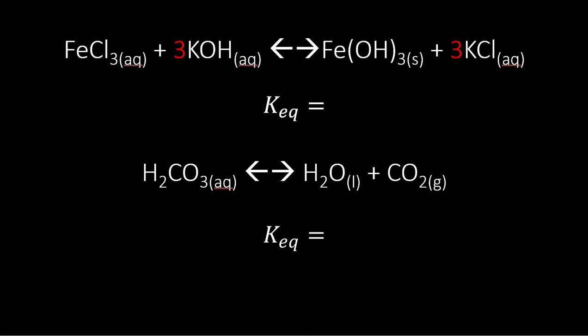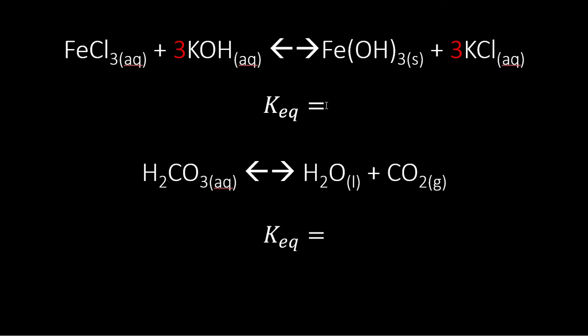Let's look at different examples where we actually have stoichiometry involved, such as the case of iron 3 chloride reacting with potassium hydroxide to be in an equilibrium reaction with iron 3 hydroxide and potassium chloride. Well, once again, we're going to factor in anything that is not a solid and not liquid water.